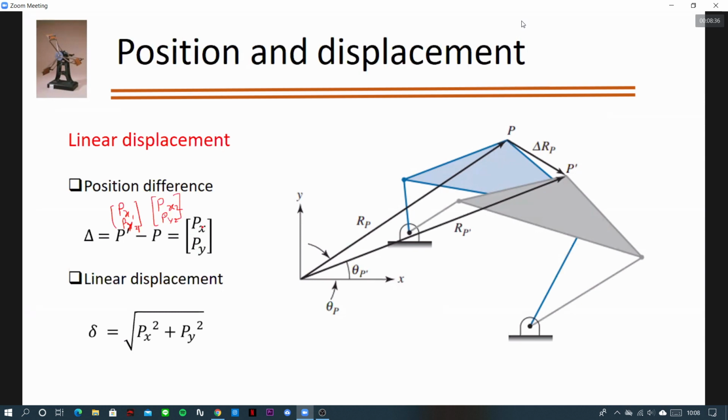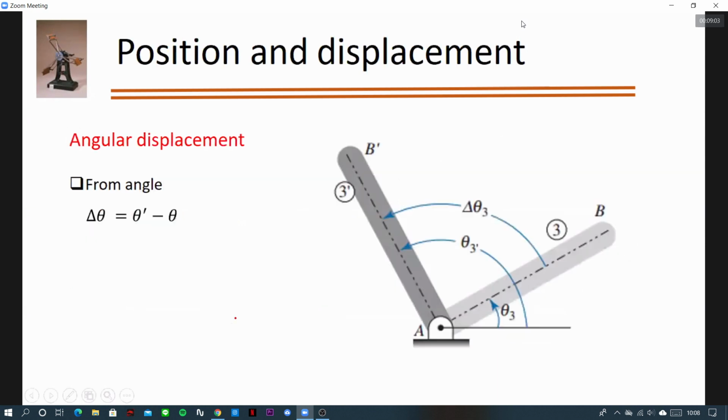That position difference is determined by px and py in terms of x and y coordinates. Similarly, you can find out the linear displacement, so actually how much displacement has happened. That was the difference. Now you can determine the linear displacement with a simple trigonometric function: px squared plus py squared, you just have to square them up and you will get the displacement, right?